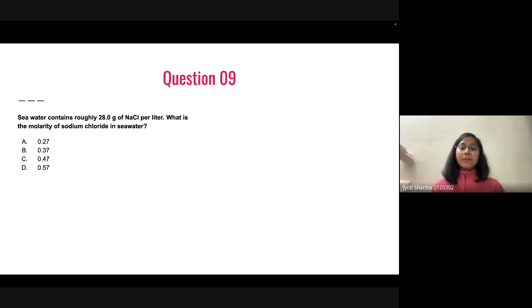Can anybody tell me the molar mass of NaCl? What is the molar mass of NaCl? If you know the molar mass of NaCl, then what you just need to do is 28 upon the molar mass of NaCl, and you have 1 liter, so upon 1, and that's how you will get the answer.